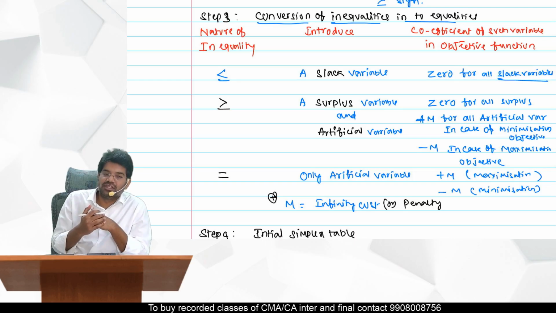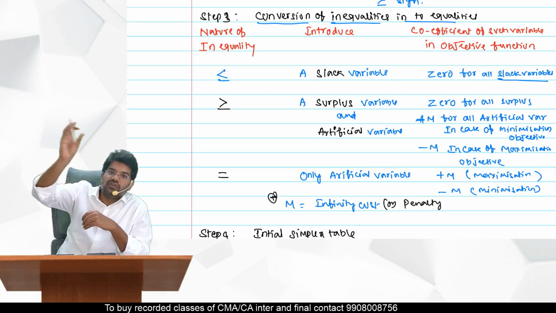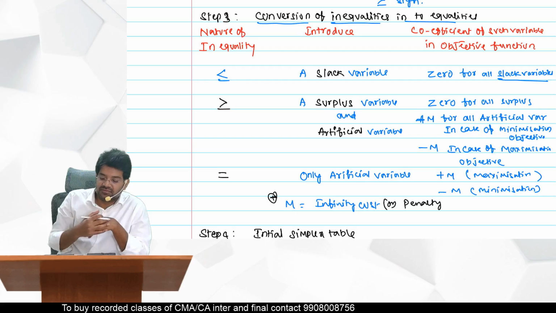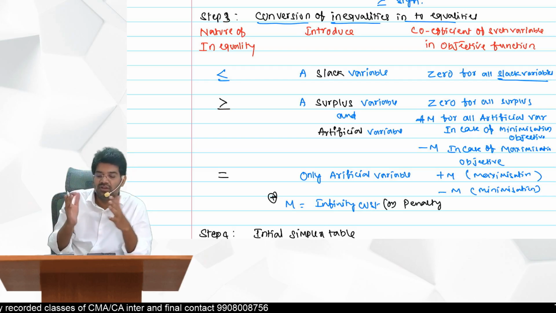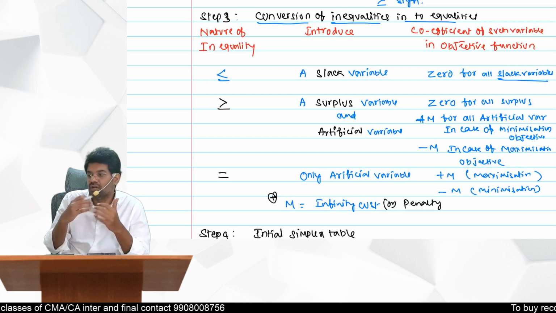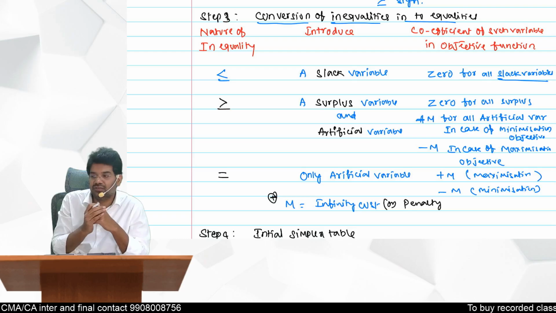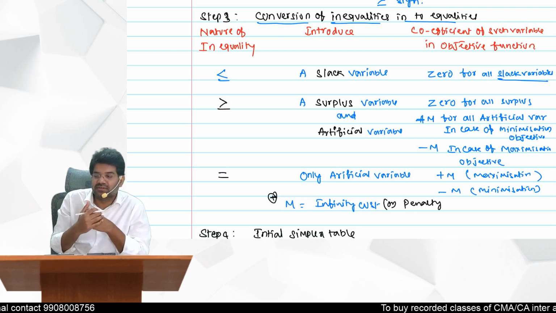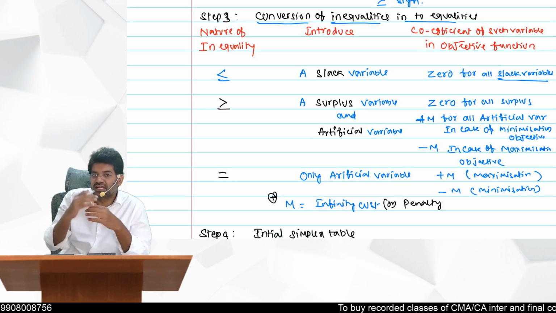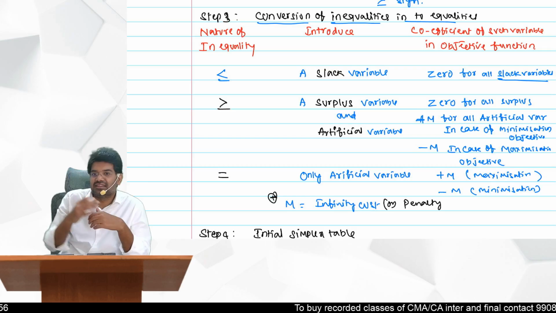In the objective function the coefficient should be 0, whereas in the constraint the coefficient will be 1. If you take slack variable, then the equal to condition will get satisfied, because earlier it was less than.